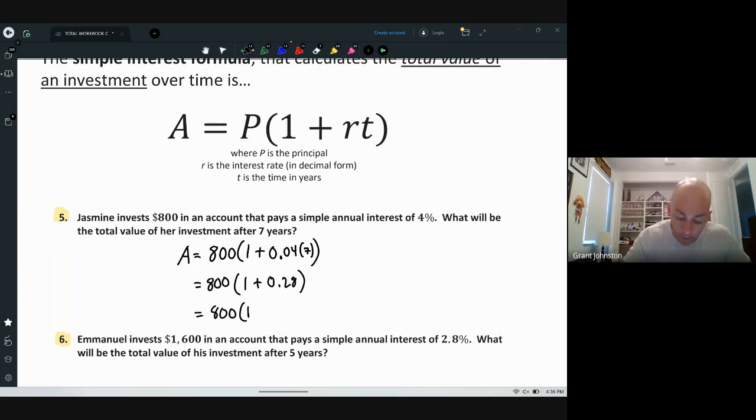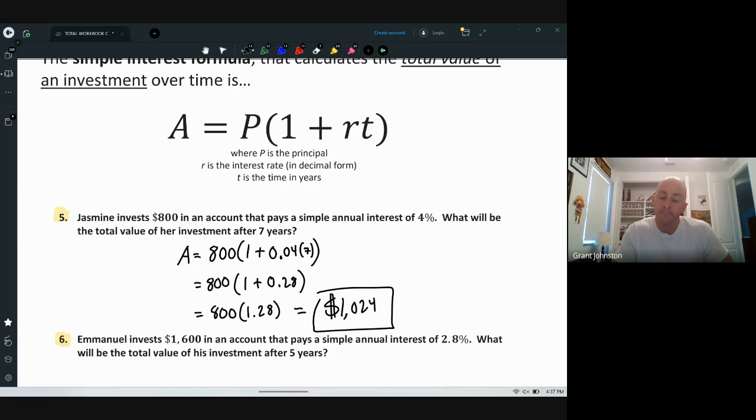And then 1 plus 0.28 is 1.28. So multiply those. I got $1,024. Okay. So put in $800, 4% interest over 7 years. It's now going to increase to $1,024.